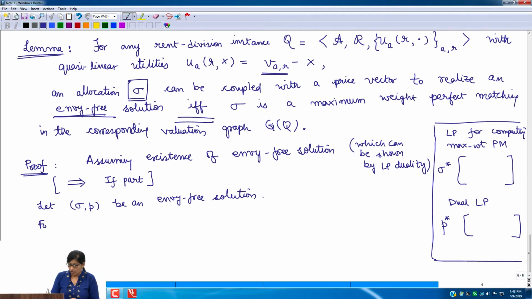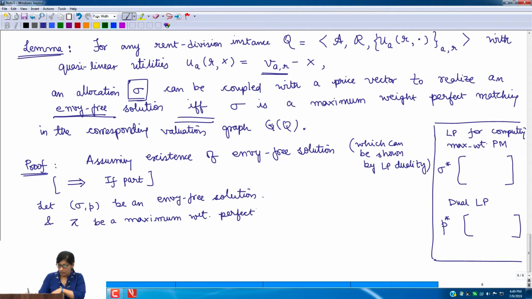So for contradiction, let us assume that sigma comma p is an envy-free solution, and let some other matching pi be a max weight perfect matching of the graph G_Q.